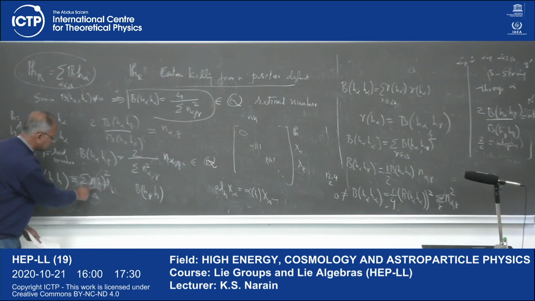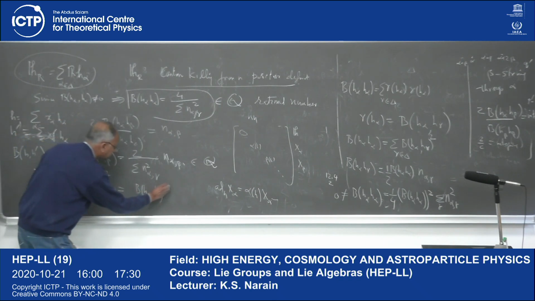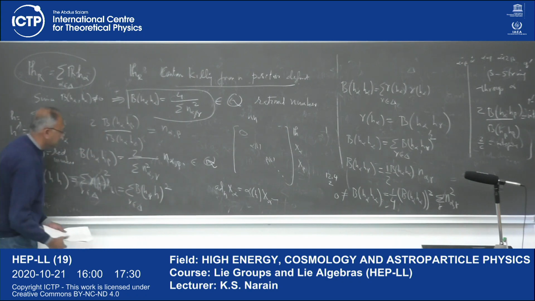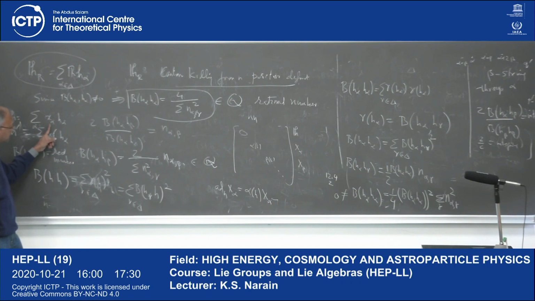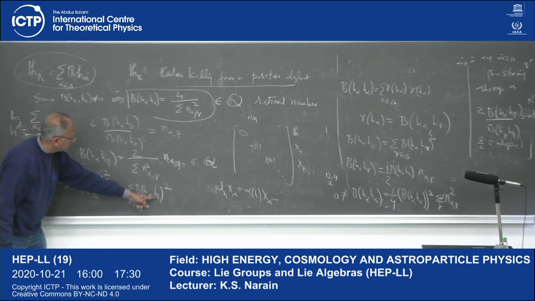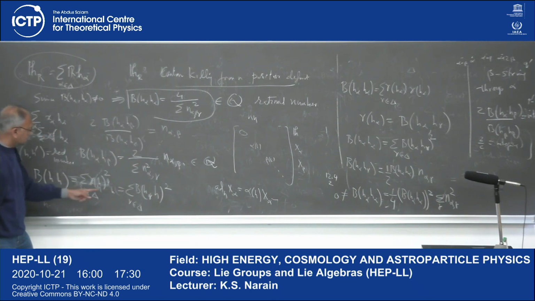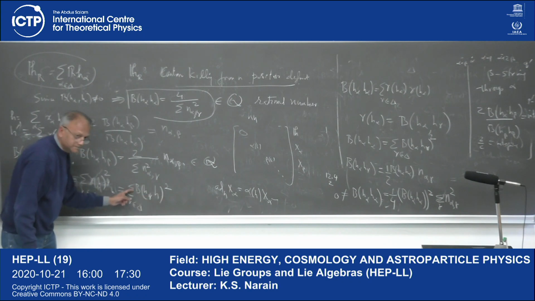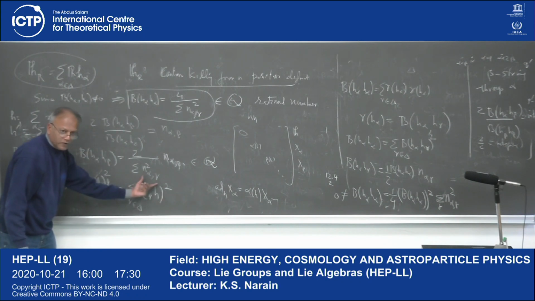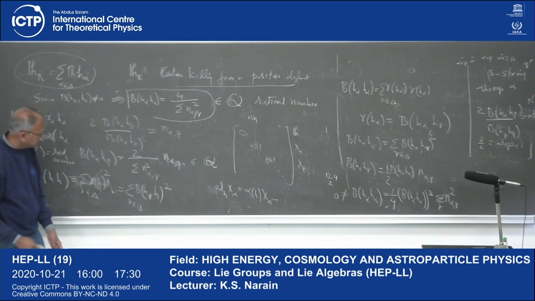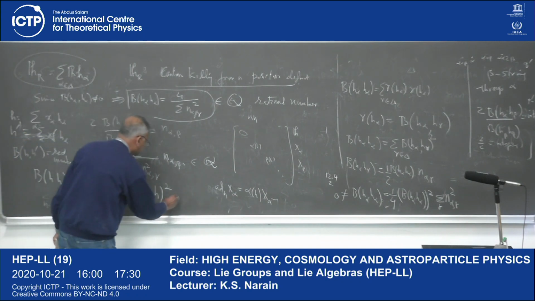Now if I expand H like this, it is going to be X alpha, B of H gamma H alpha. But B of H gamma H alpha is again a rational number. And X alpha is real. So this quantity is real. A real number square is always a non-negative number. So this is positive.